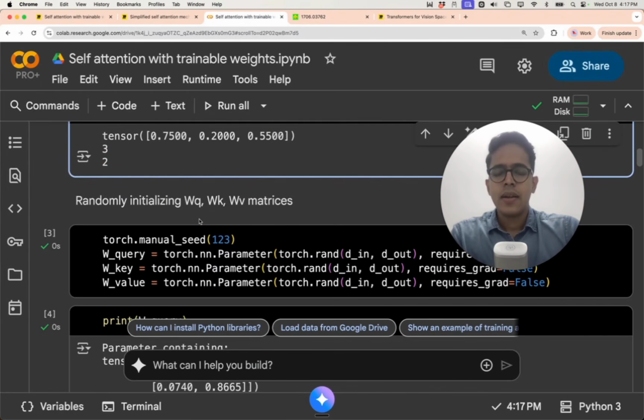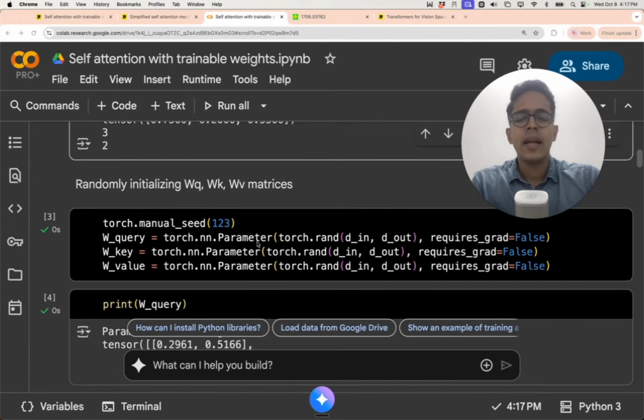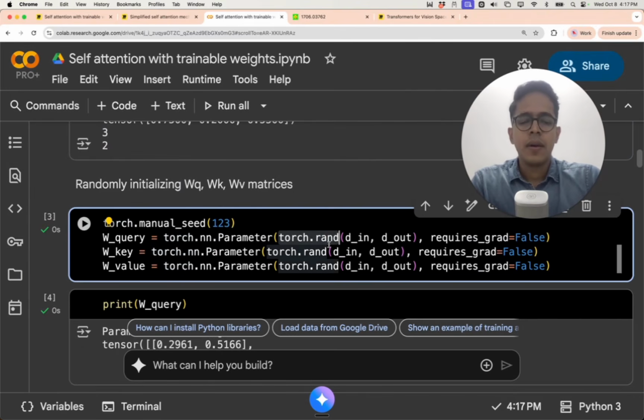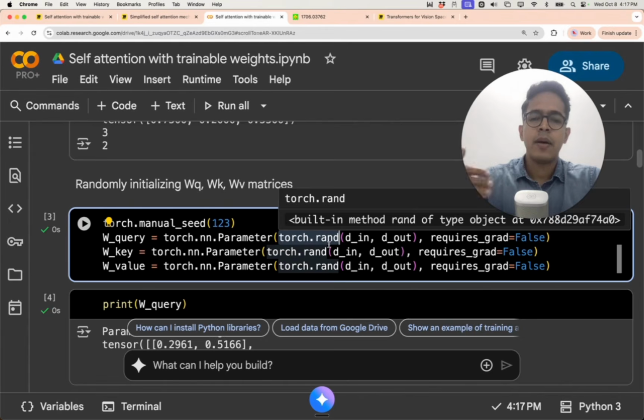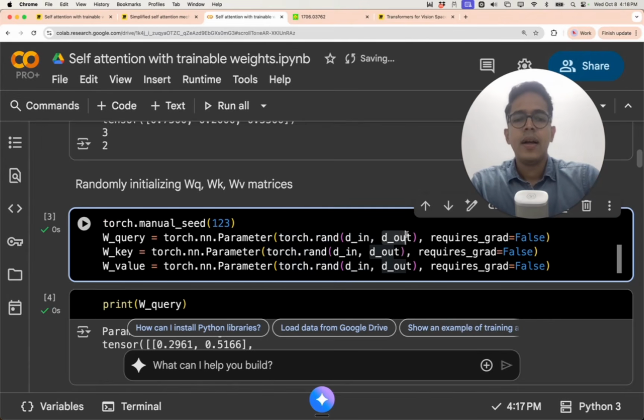Okay, so first, let's start by randomly initializing the key, query, and value weight matrices. So here torch.rand will create a random number matrix of the dimension d_in comma d_out, which will be 3 by 2. And this will construct 3 matrices: query matrix, key matrix, and value matrix.